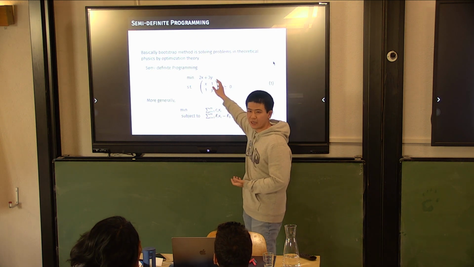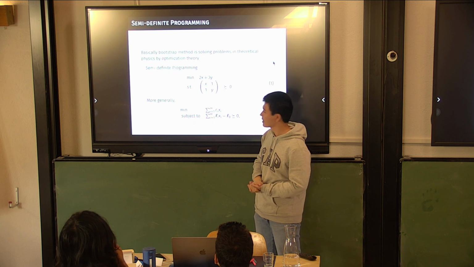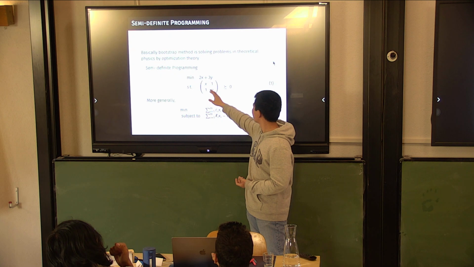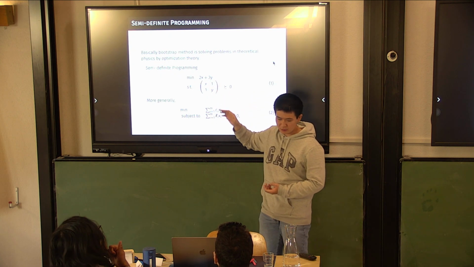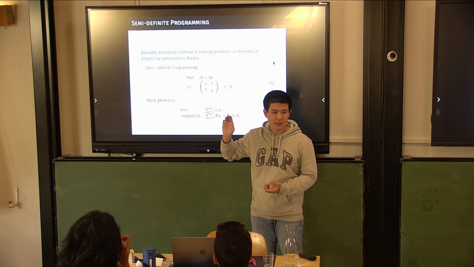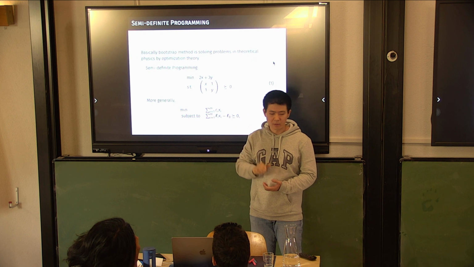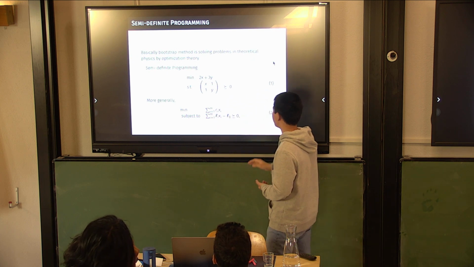This is one of the simplest examples of SDP, from the documentation of Mathematica. Here you have two variables subject to some semi-definite condition, and then you can solve for the minimization or optimal solution very efficiently. More generally, this is one formulation.